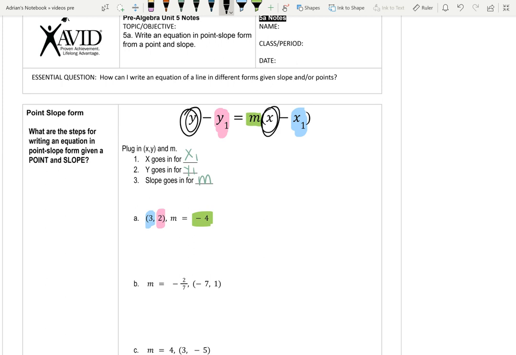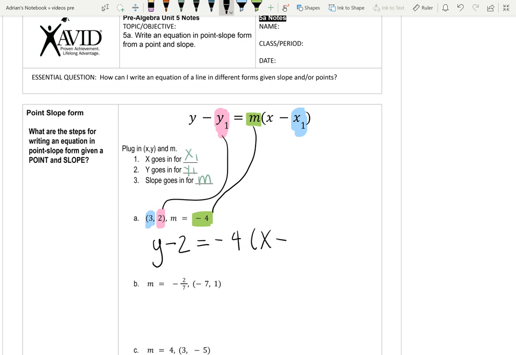They will always stay y and x. So my answer is y minus, and then instead of y1, I have the number 2. And then equals, and then instead of m, I have -4, parentheses x minus, and then instead of the x1, I have 3. And this is my answer. I've just plugged it in.